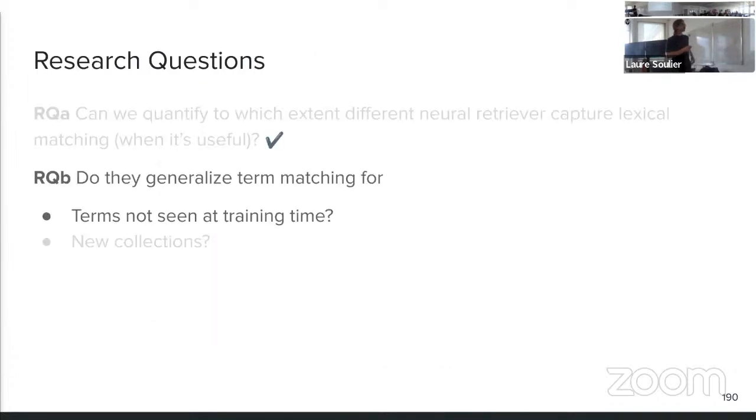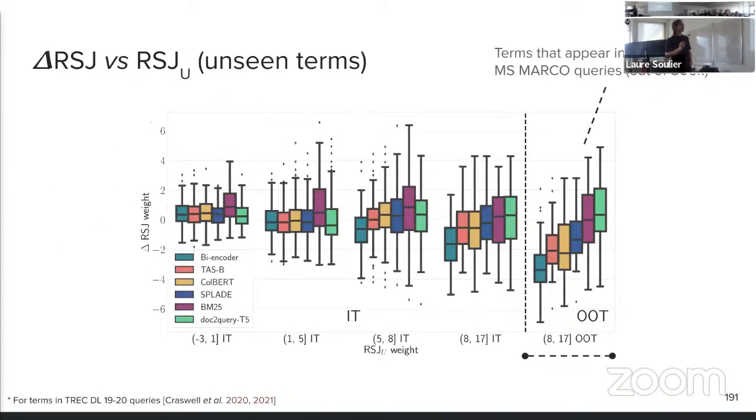But now we focus on something more interesting, which is the ability to perform lexical matching for terms that you haven't seen at training time. So here we add in the same plot the terms in TREC queries that appear in fewer than 10 training queries in MS MARCO, out of the 500K. So these are terms that are barely seen at training time.